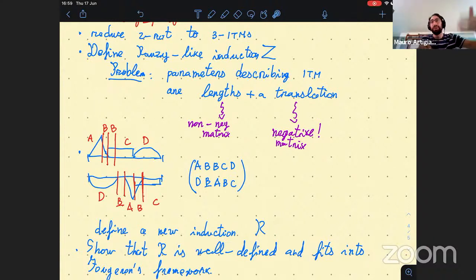One would have to do a lot of examples and try to find a pattern, because it could happen that your Rauzy induction is not well defined. So I think it's challenging, but there's hope. Okay, thank you.